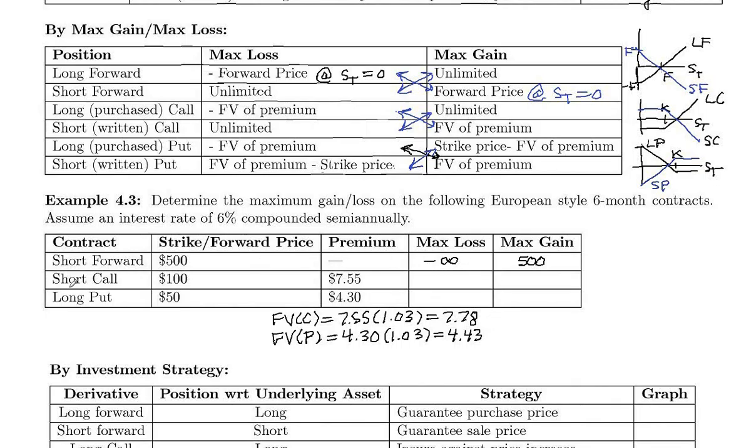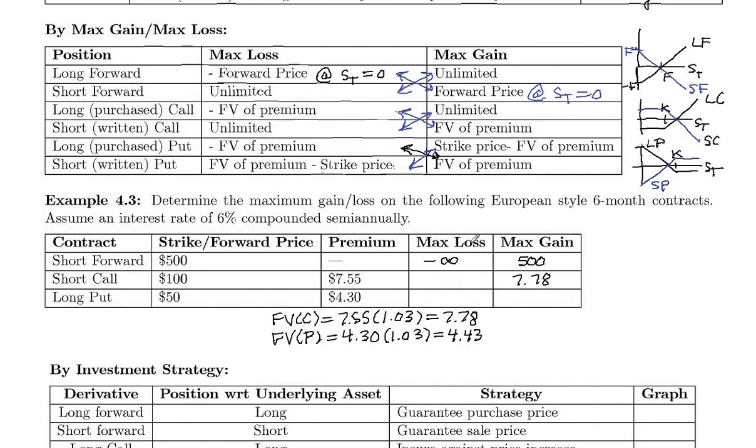Alright, so if we are short a 100 strike call, then we sold the call, and we're giving someone else the right to buy. So that looks like this. Our maximum profit here is just going to be the accumulated value of the premium, and that's the 7.78 here. That's the most we can make if we sell a call. We get to keep the premium if the other party doesn't exercise.